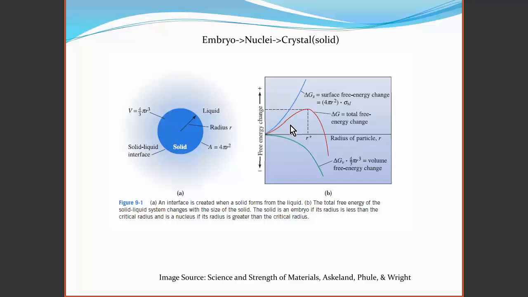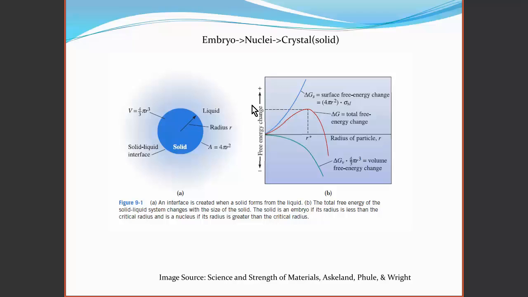The formation of embryos and the development into nuclei can be understood in terms of thermodynamics. Free energy is a concept used in chemistry and material science and other fields.